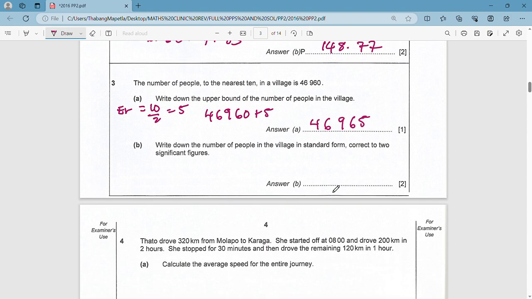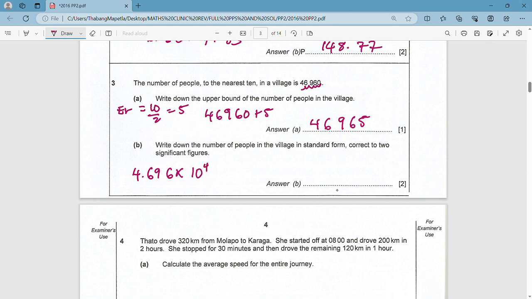And part B says write down the number of people in the village in standard form, correct to 2 significant figures. Okay, standard form. How many numbers? 1, 2, 3, 4. It's 4. So it's going to be 4.6960, no need for the 0 to be there, times 10 to the power 4.